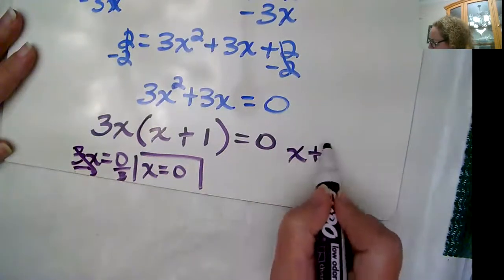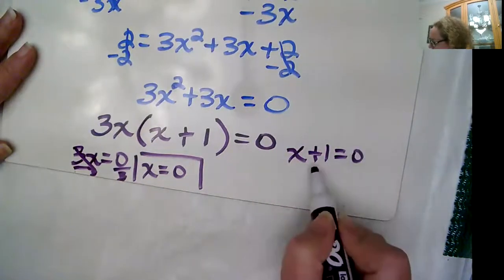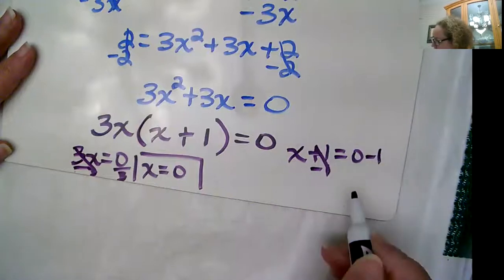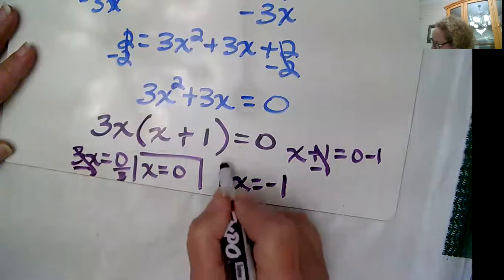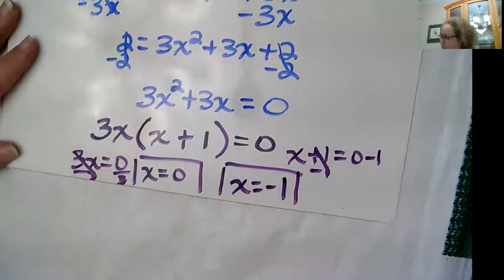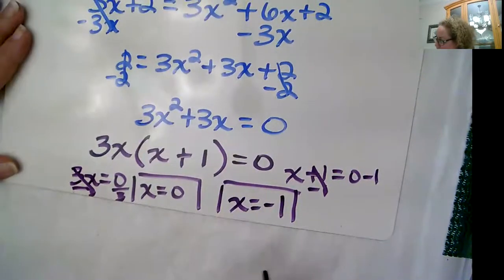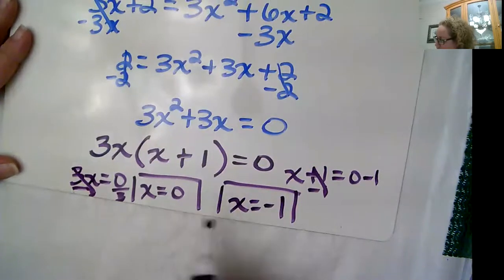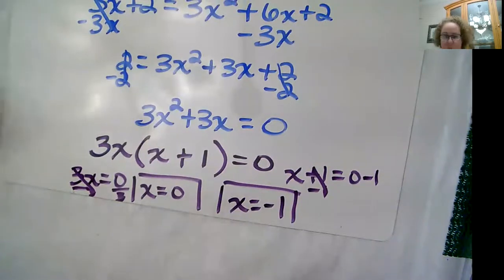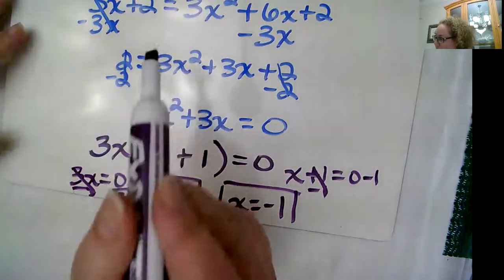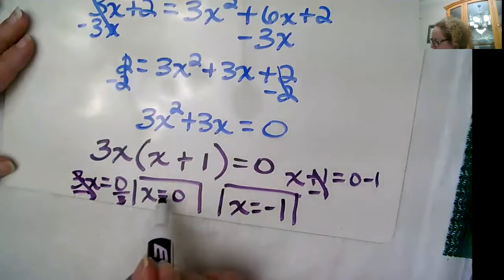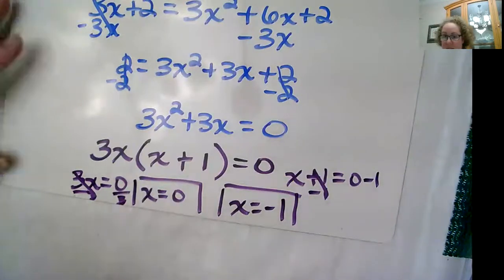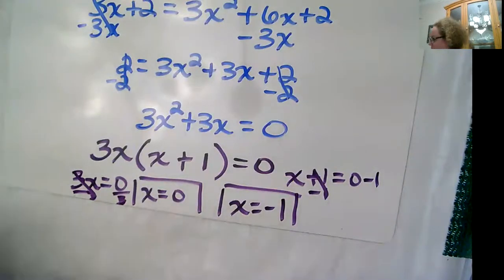So we have x plus 1 equals 0, minus 1, minus 1, and then our other x value is equal to negative 1. So that means they touch at those 2 points. So if we were to graph it, the line itself crosses through the parabola where x equals 0 and where x is equal to negative 1. So that's example 1.